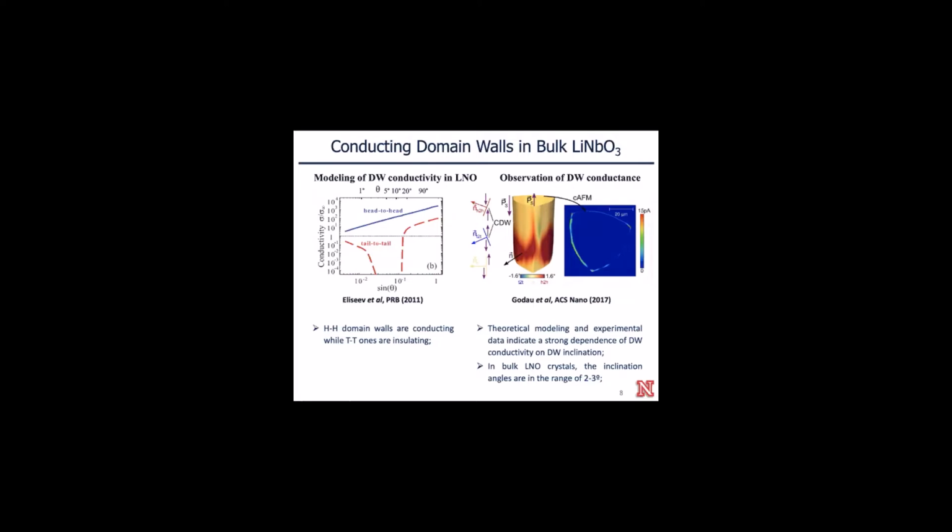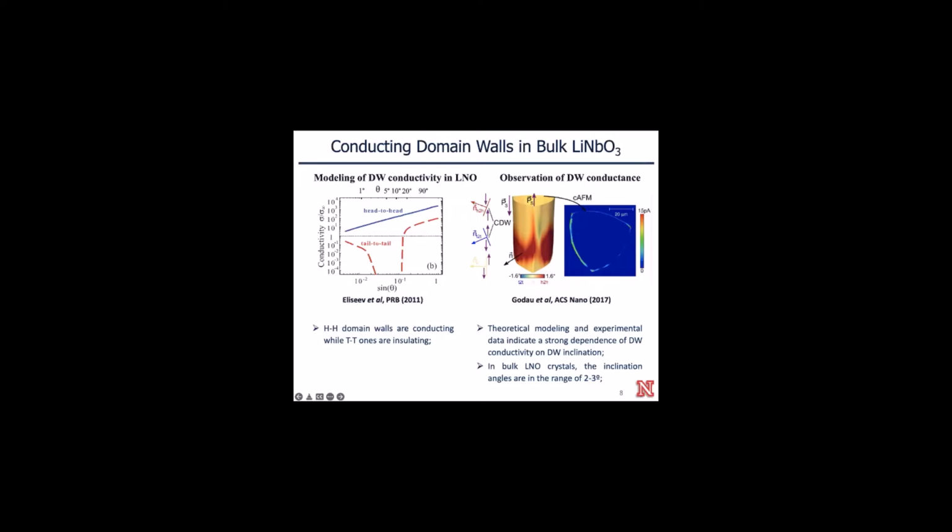And early theoretical and experimental studies have shown that the 180-degree domain walls that separate antiparallel domains could be created by electrical poling. They could be slightly inclined with respect to the polar axis, indicating that these domain walls are not neutral, but could carry positive or negative charges due to the head-to-head or tail-to-tail domain alignment.